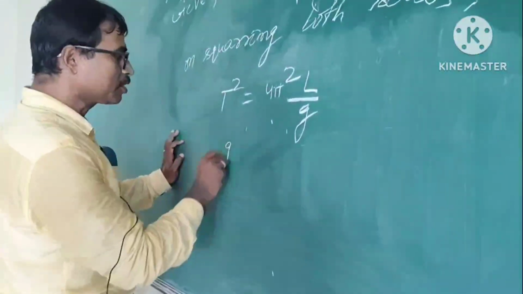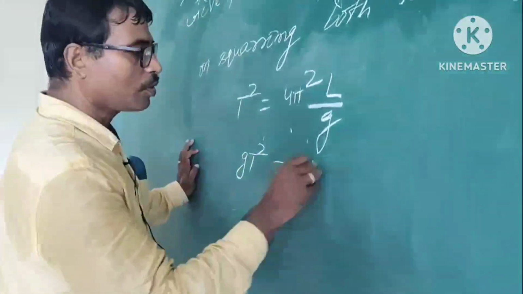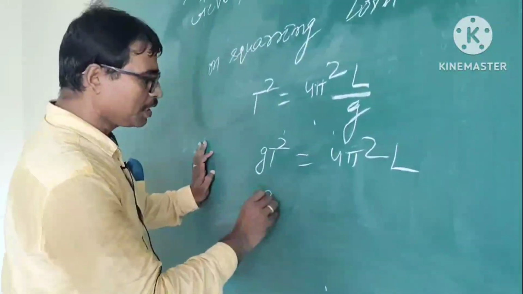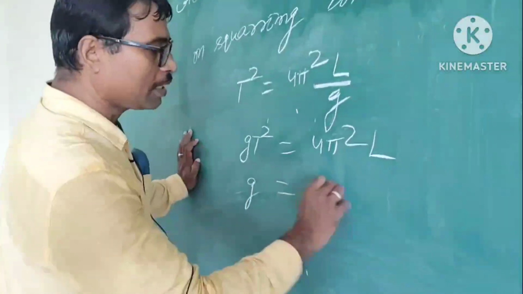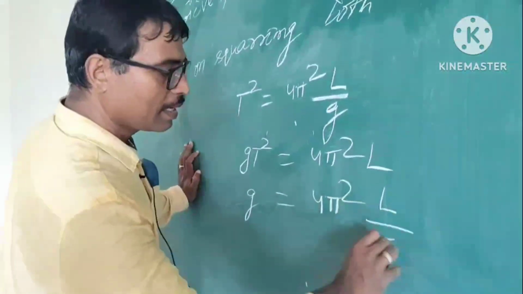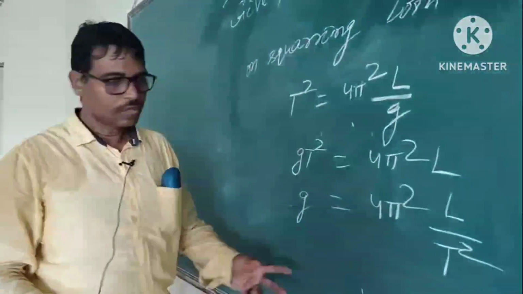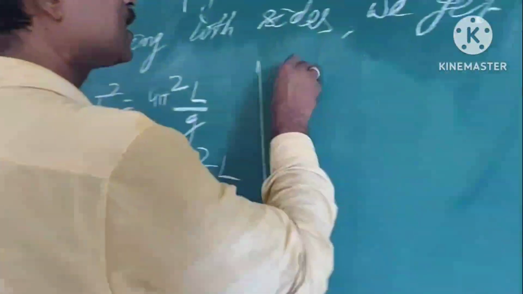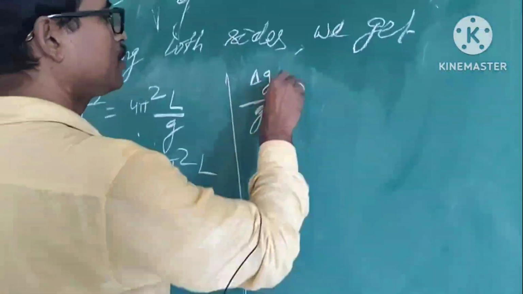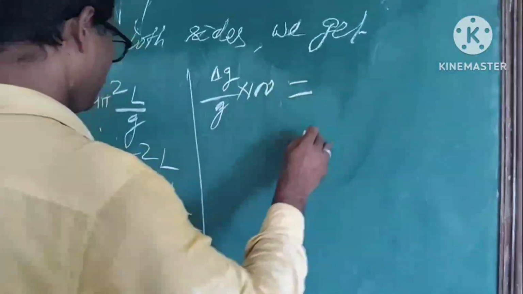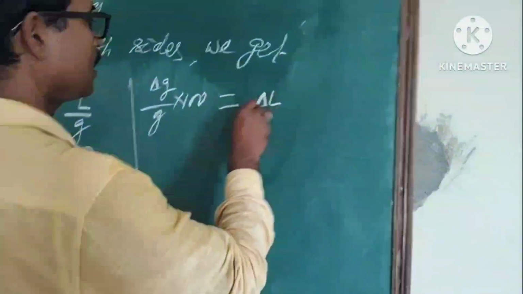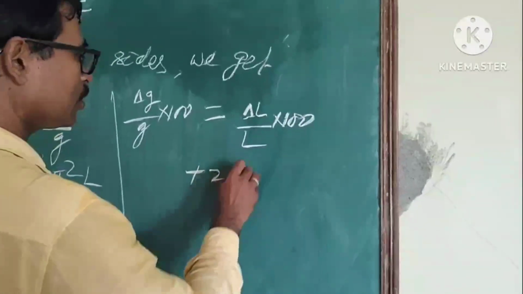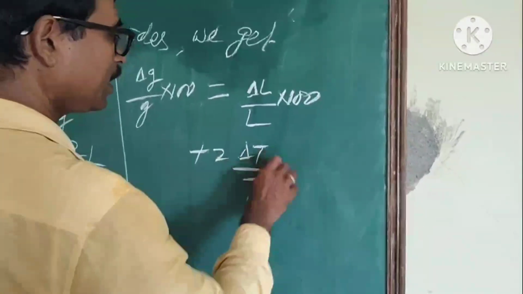So, G T square is equal to 4 pi square L. So, G is equal to 4 pi square L by T square. So, how can you write? You write here delta G by G into 100 is equal to delta L by L into 100 plus 2 into delta T by T into 100.